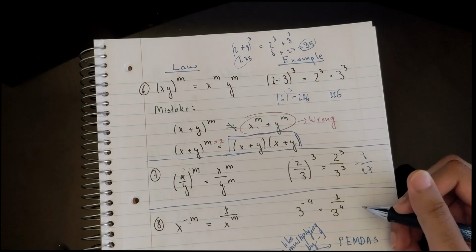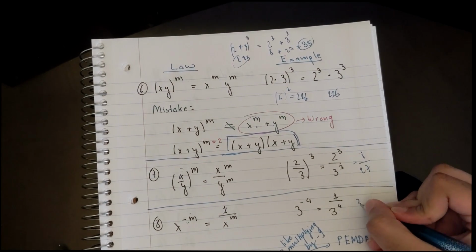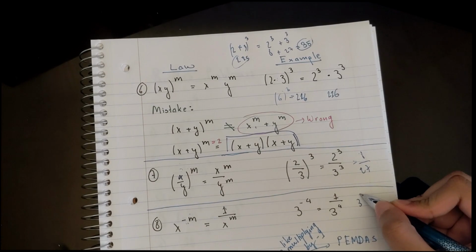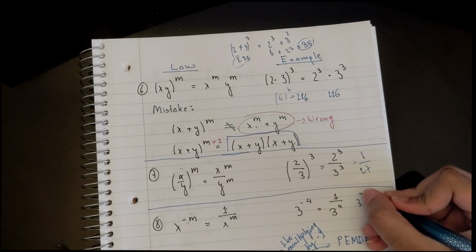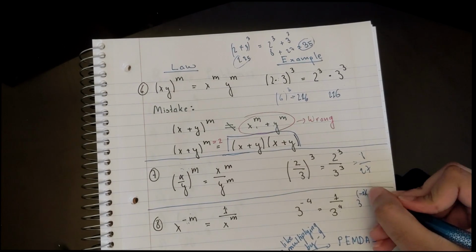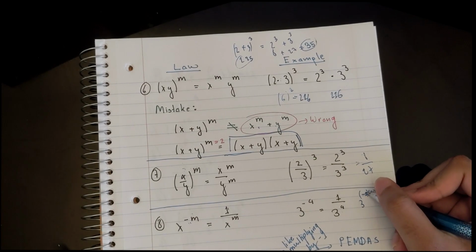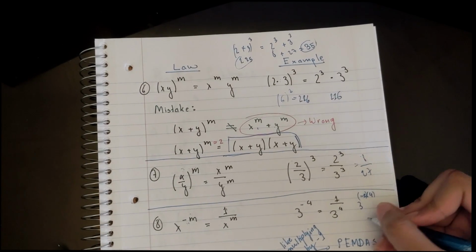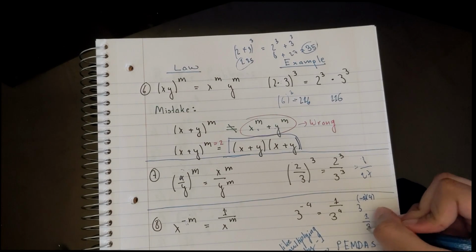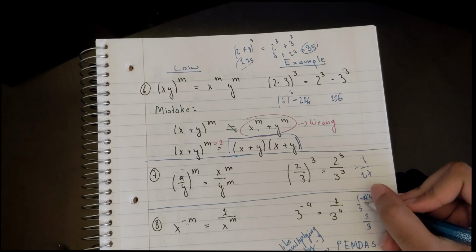What I like to do is think of negative 4 as negative 1 times 4. So I just use the negative 1 to flip it: 1 over 3, and you keep the 4 with the 3.